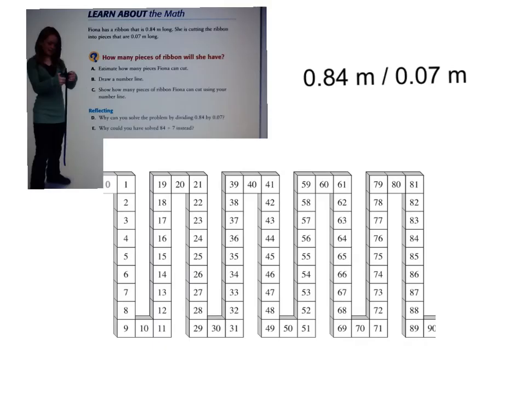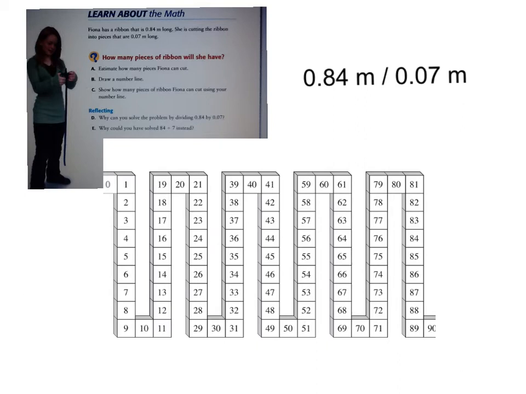Okay, so before we start, just think about what you might expect for an answer. So the ribbon is 0.84 meters long, so that's most of a meter, and she's cutting the ribbon into little pieces that are 0.07 meters long.